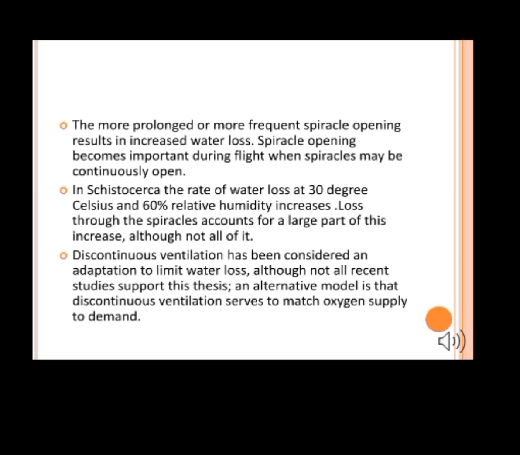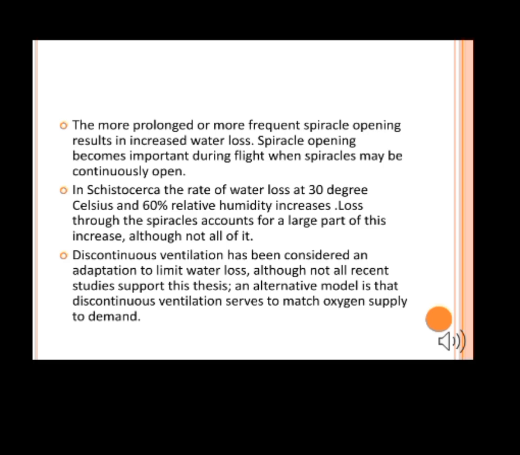More prolonged and frequent spiracle opening results in water loss. Spiracle opening becomes important during flight. When spiracles are continuously open, the chances of water loss are also high. In Schistocerca, water loss at 30 degrees Celsius and 60% humidity increases.